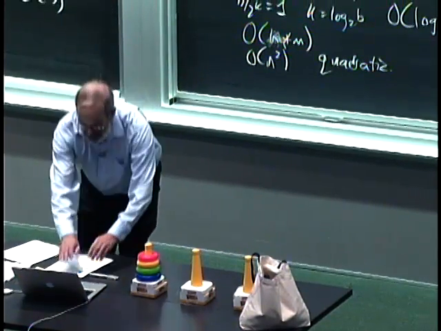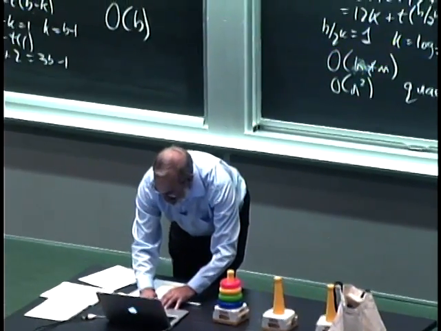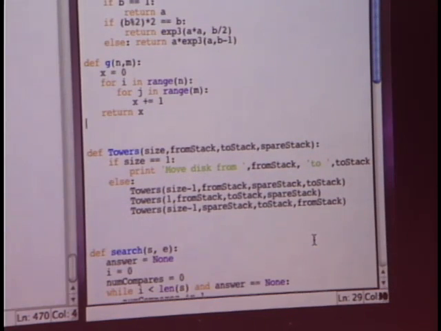Okay? So there's the code called Towers. I'm just going to let you take a look at it. I'm giving it an argument which is the size of the stack and then just labels for the 3 posts, a from, a to, and a spare. And in fact, if we look at this, let me just pop it over to the other side.